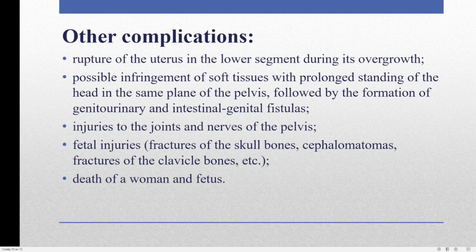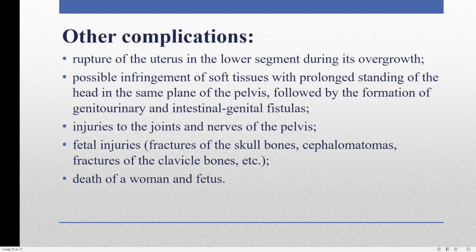Another complication, of course, is injuries of the joints and nerves of the pelvis, or fetal injuries. There may be fractures of the skull bones or formation of cephalohematomas, fracture of the clavicles, upper extremity bones, and others.